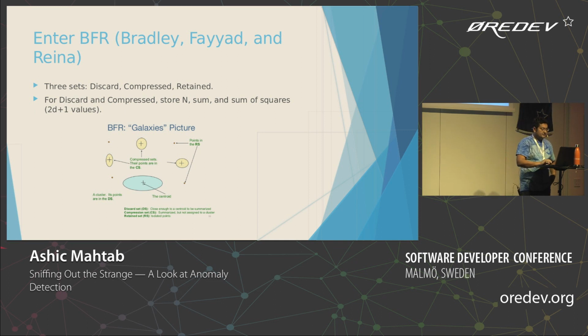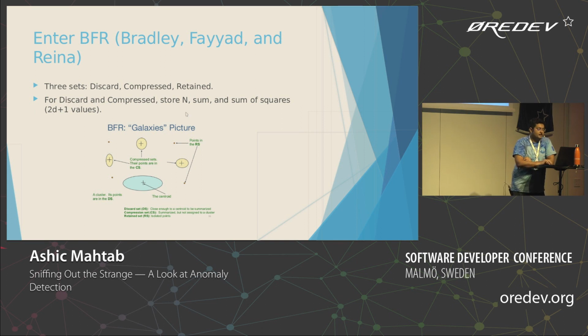But the idea here is that you have 3 sets that you use. The first is called a discard set. The second set is called a compressed set. And the third set is called a retained set. Okay. What the discard set and the compressed set do is that they hold summaries of cluster information.